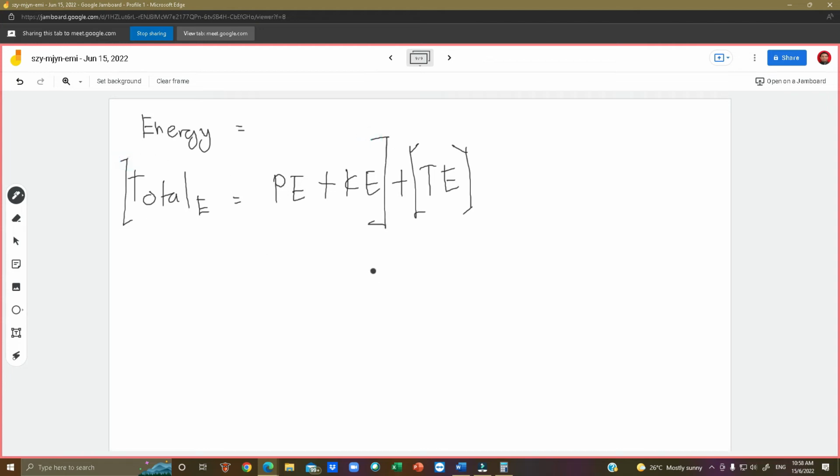Okay. But this part, okay, part pertama ni, total energy equals to PE plus KE, this one is constant. You can write this as PE plus KE equals to constant. Okay. We are going to talk about this term first. Why it being called constant here?